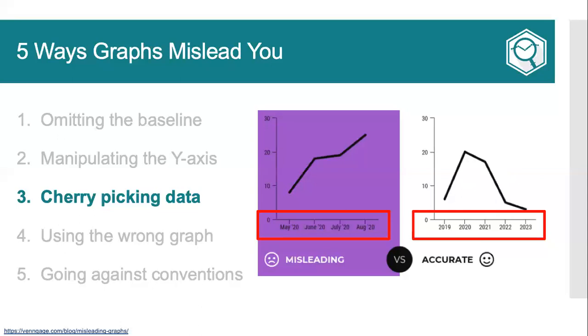So there could be some reasons why you might only show this period. If this is the period you're being evaluated on, then that growth is really great. But if this is the full picture of data, you would still probably want to show the full picture.